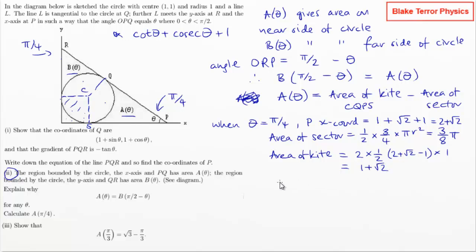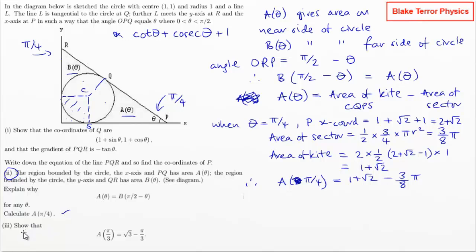So that means that for pi by 4, the area is the area of the kite, which is 1 plus root 2, minus the area of the sector, which is 3/8 of pi. Right, okay, that wasn't as bad as I thought it could be. That has completed that.